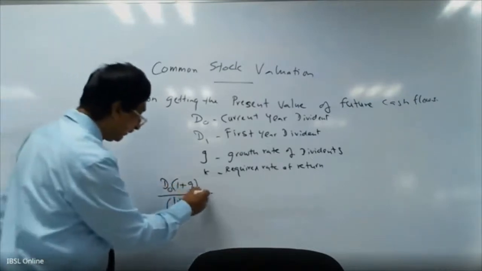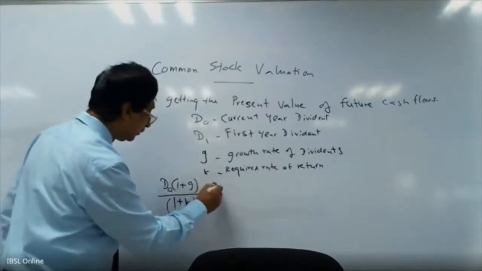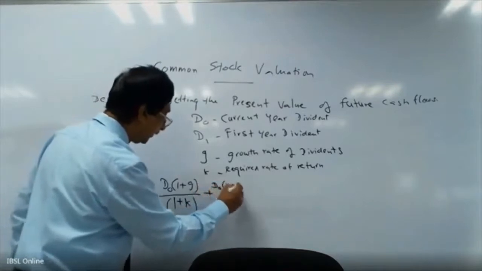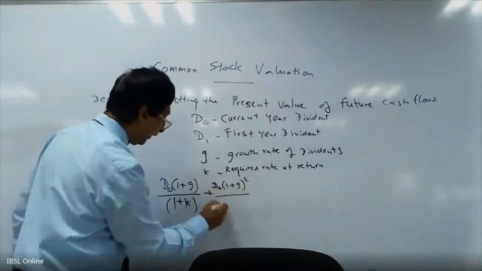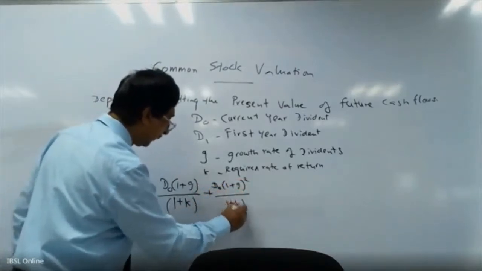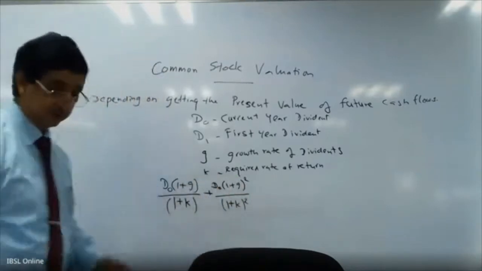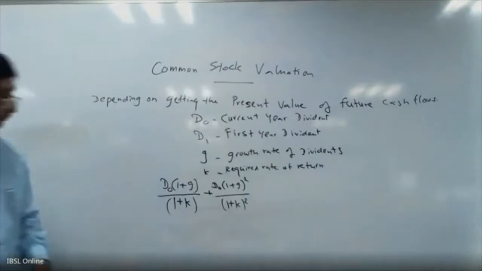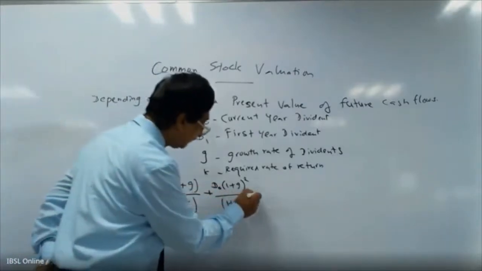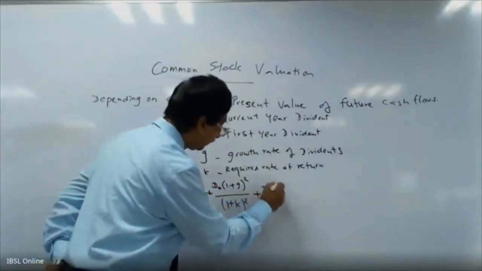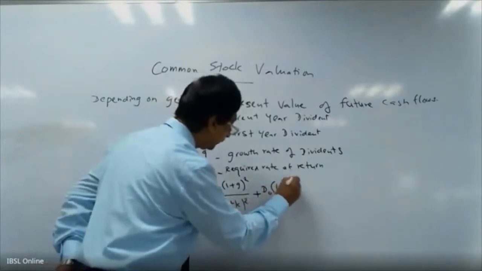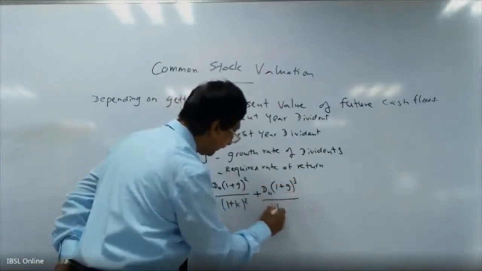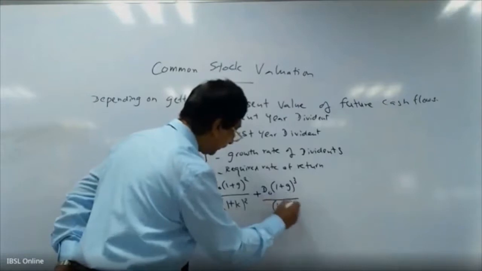The second year, D0 into 1 plus g to the power 2 divided by 1 plus k to the power 2. Then the third year, D0 into 1 plus g to the power 3 divided by 1 plus k to the power 3.